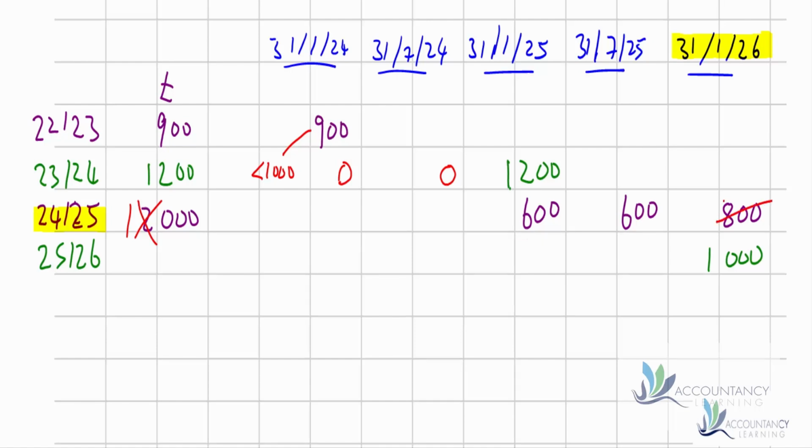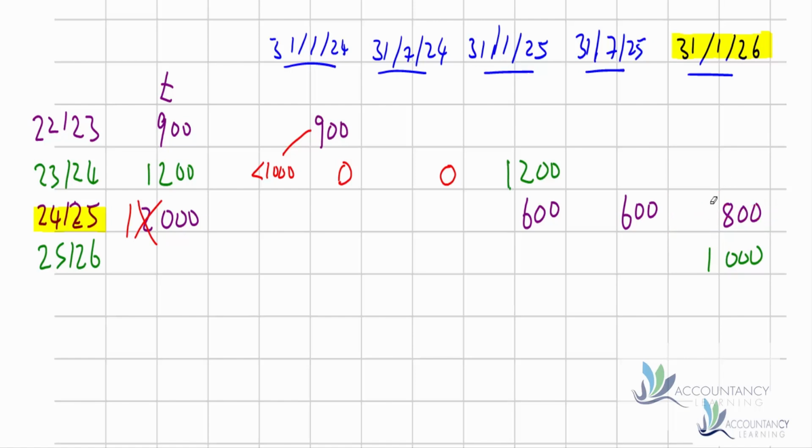So that means instead of having a balancing payment, we'd actually be able to get some money back. You say, look, our liability is only 1,000. We've paid 1,200 already, so we'd be able to get a £200 refund. So having done that, though, again, let's just say that isn't relevant for this particular question.